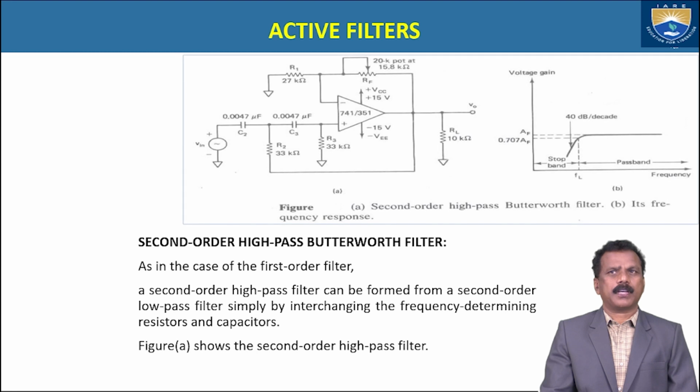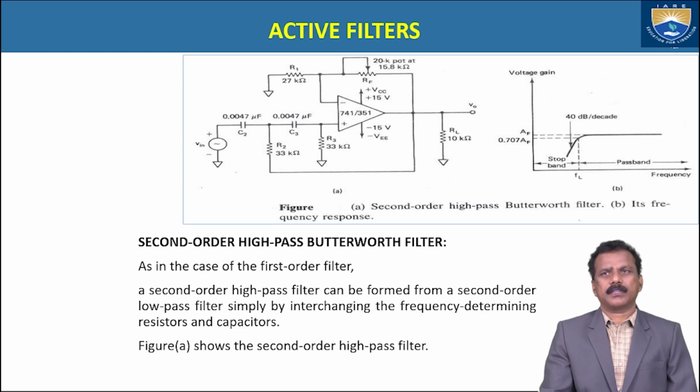Based on this circuit diagram, the inverting terminal is connected to R1, with RF connected to the output voltage. The non-inverting terminal is connected to R3, capacitors C3 and C2, and R2, which is connected with the output V0. C2 is connected to Vin. A load resistor RL is also connected with V0.